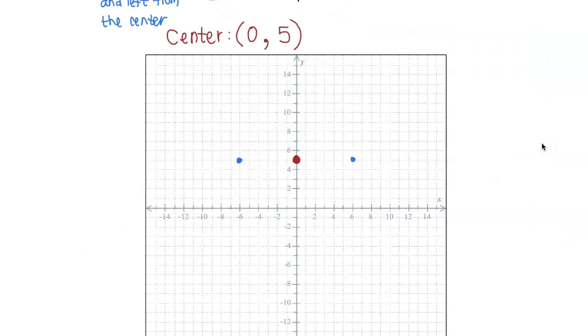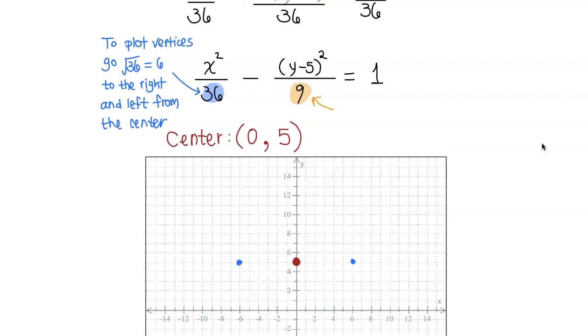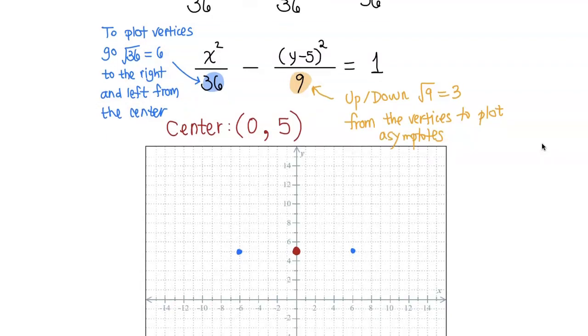Now, we need to find the point that is on the asymptote, right? Now, we look at that number under the other variable that we never used. So this tells us that we go up or down. How many units? Square root of 9, which is 3, from the vertices to plot asymptotes. So I'll do that. I'm going to go up 3 from the blue dot, ta-da, go down 3 from the blue dot, ta-da, and 2 more on these sides.